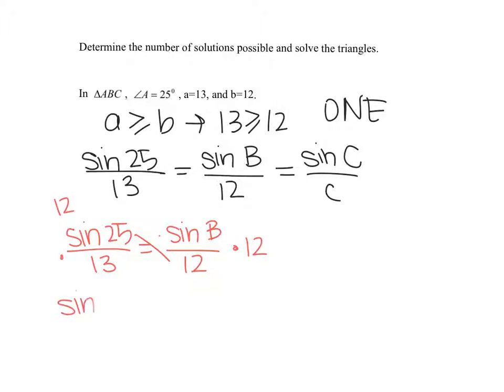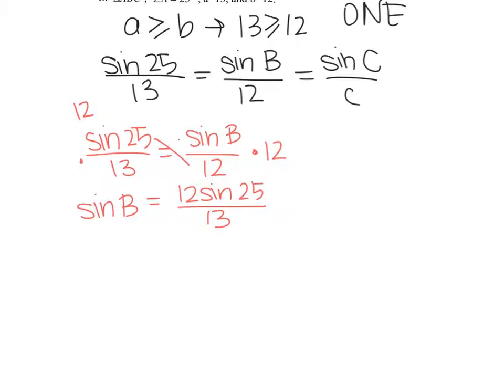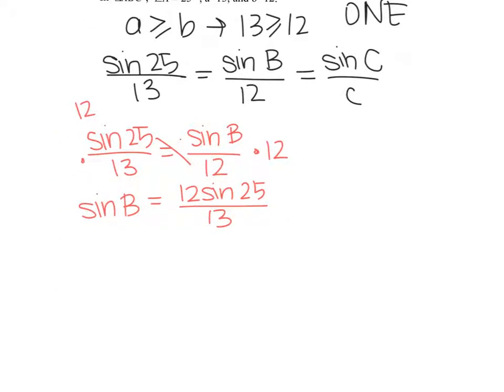So we get sine of B equals 12 times the sine of 25, all over 13. So what we want to do now is find the measure of angle B. And from section 4, to find the measure of an angle, you do the inverse. So we're going to do the inverse of sine to both sides.